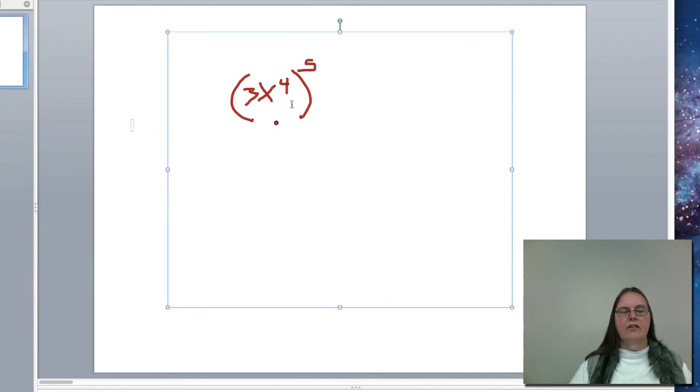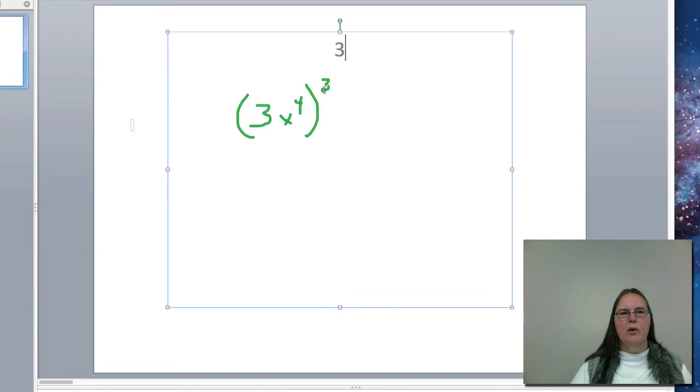So let's not do the 5th because then you'll wonder why I did that. Let's do a simpler problem. Let's do 3x to the 4th raised to the 3rd power. This is a power times a power.